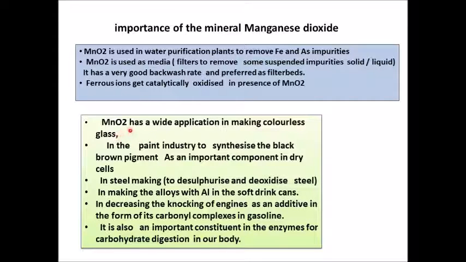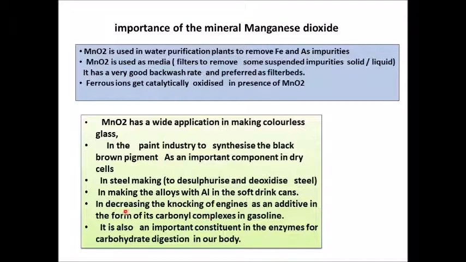MnO2 has other applications also: in making colorless glass, and in synthesizing a black-brown pigment. It is also an important component in dry cells. It is used in the steel industry to desulfurize and deoxidize steel, and in making alloys with aluminium which are used in soft drink cans.